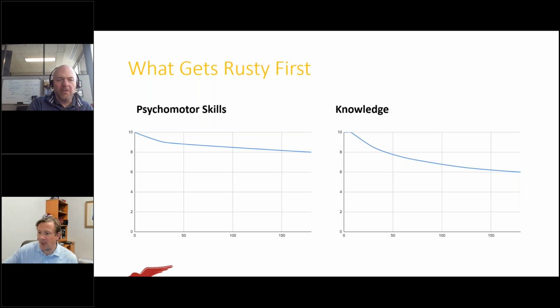Somebody's asking what the axes are. So I assume it's percent on the vertical. Yeah, the vertical axis is essentially percentage, right? They take a baseline test at the beginning on day one of psychomotor skills and knowledge, and then those are days on the lower axis.